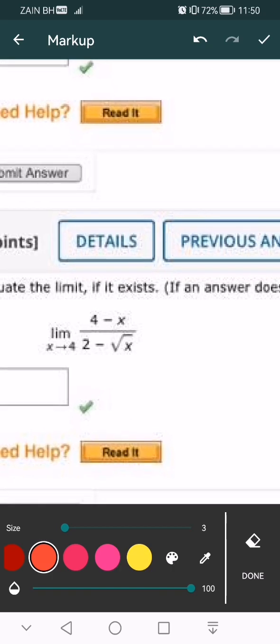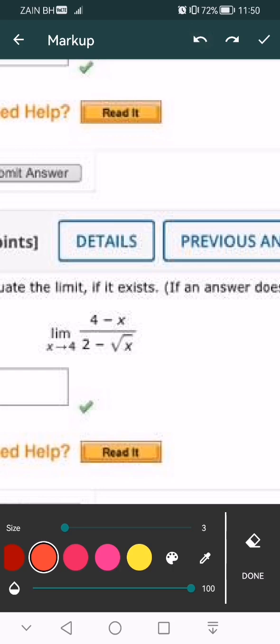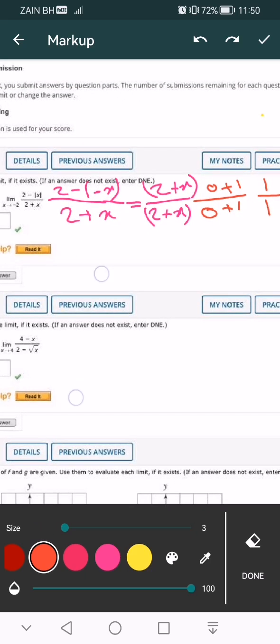So for example, if the question says I want you to multiply the denominator by 2 plus square root of x, like this, I have to explain this one if you don't know about it. So I have to explain it to clear this part also, but it will be applied on all. Okay, let us move to the second question.